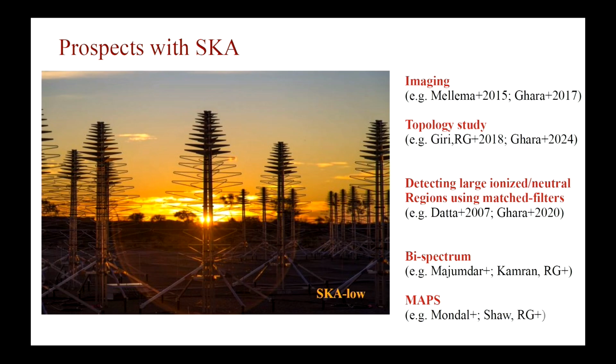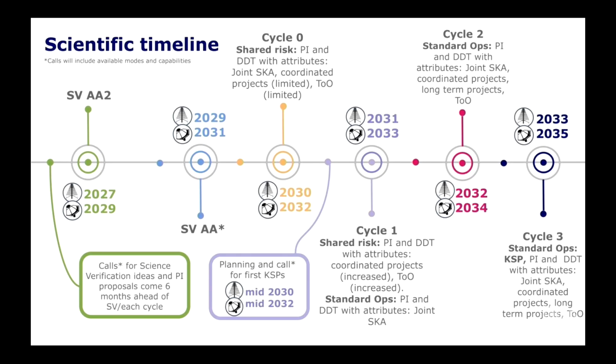Now, apart from that, SKA is on the way, and there is a huge amount of theoretical studies in terms of, let's say, imaging topology studies, detecting large ionized regions using matched filtering techniques, bispectrum maps, etc., which is giving us very high hope that down the line in a few years we will have very good quality data, and very precise science can be done with this SKA data.